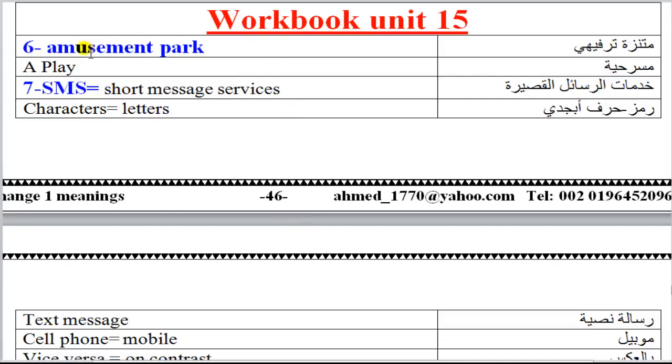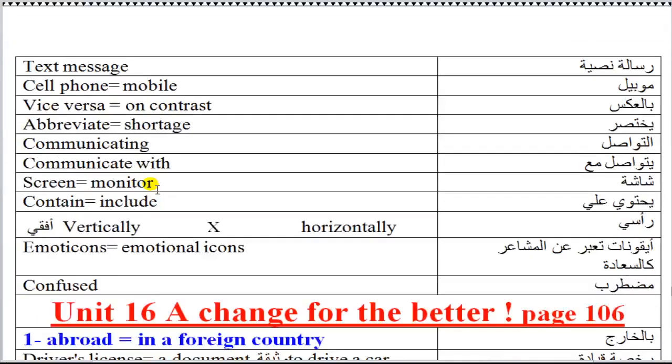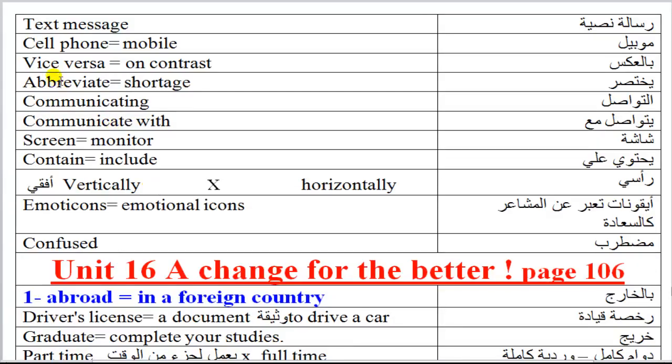Workbook Unit 15. Amusement park, a play. 7. SMS, short message services. Characters, letters. Text message, cell phone, mobile. Vice versa. In contrast. Abbreviate, shortage.